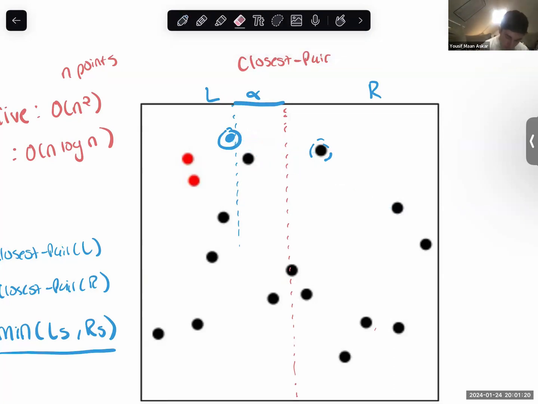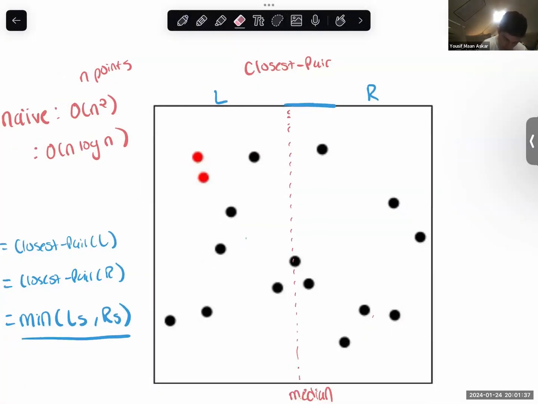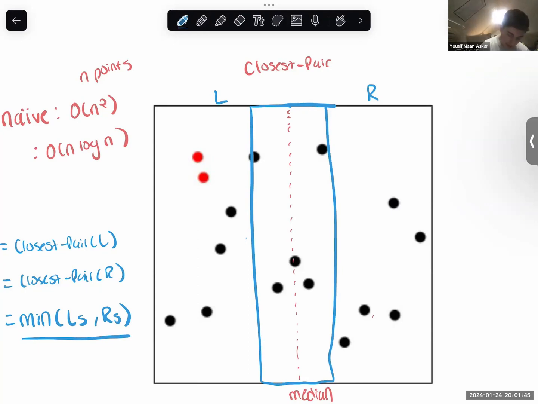So what we can do instead is we can draw this box. They call it a strip. I say they, like the mathematicians you read in your book. They call it the alpha strip. So they draw this box, and what's neat about this box is that it is 2 alpha in size.